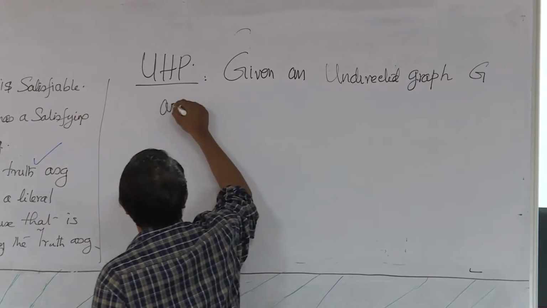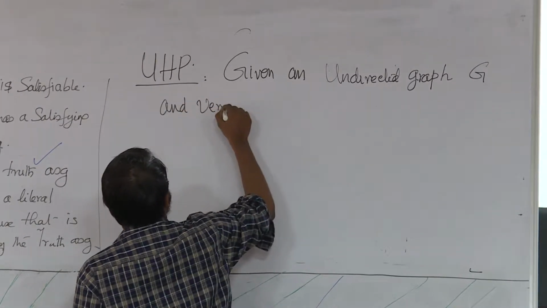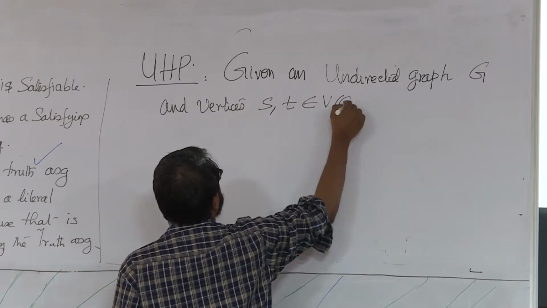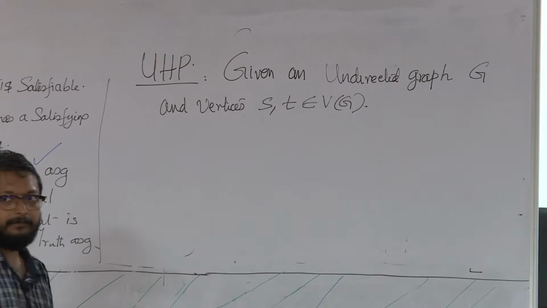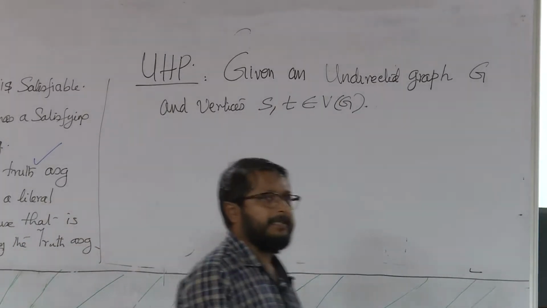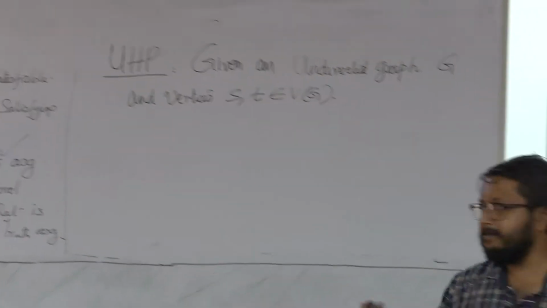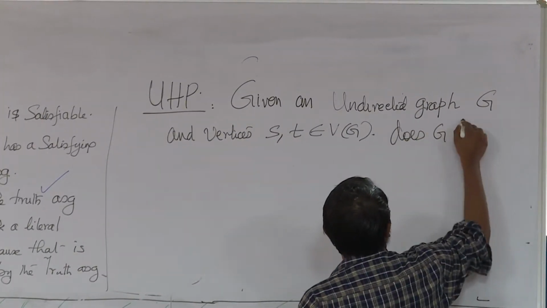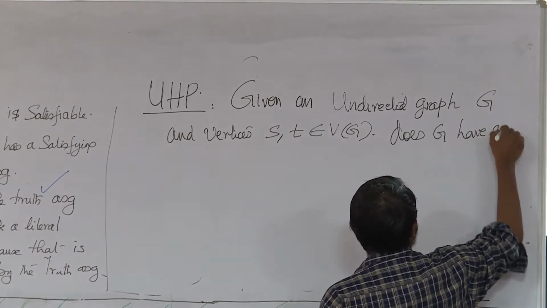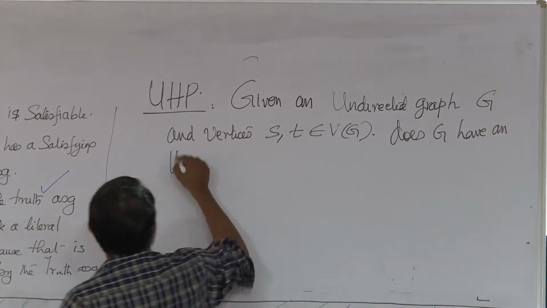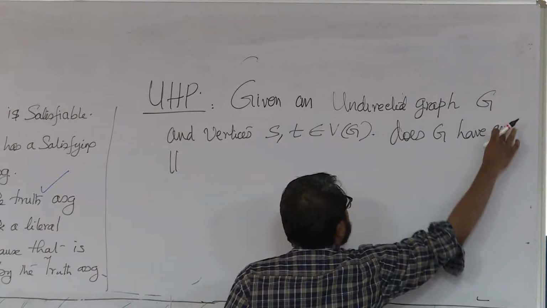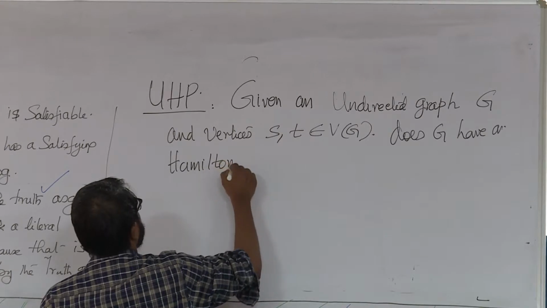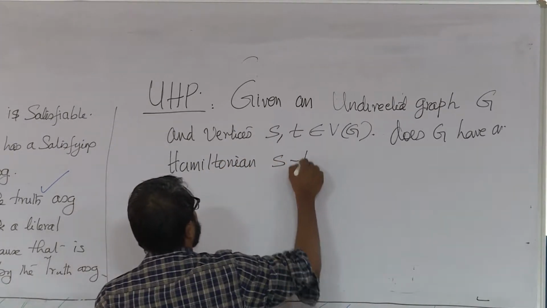and vertices S, T in V of G, again define Hamiltonian path on undirected graph, definitely, right? Does G have an undirected Hamiltonian S to T path?